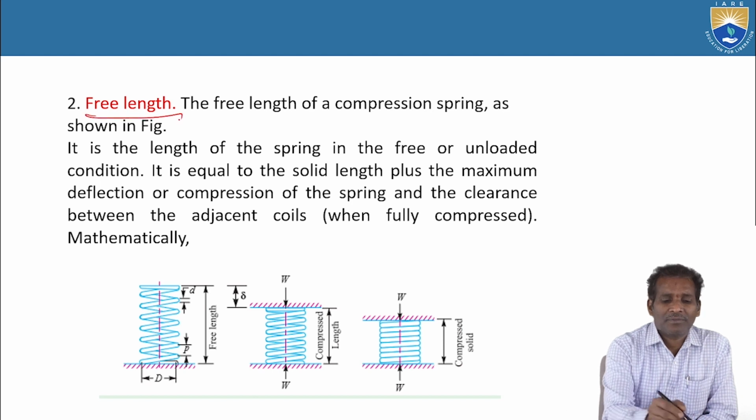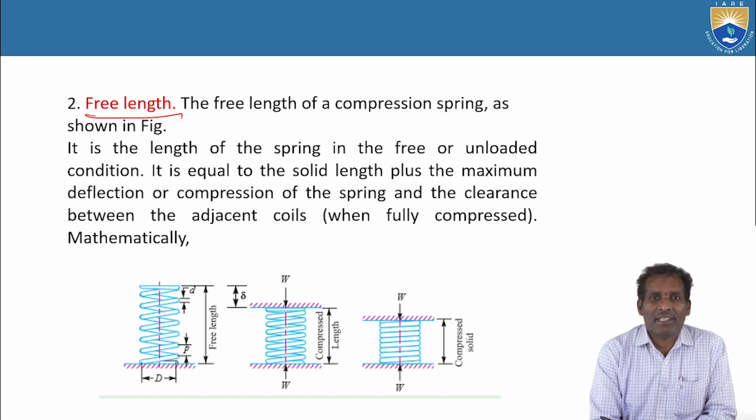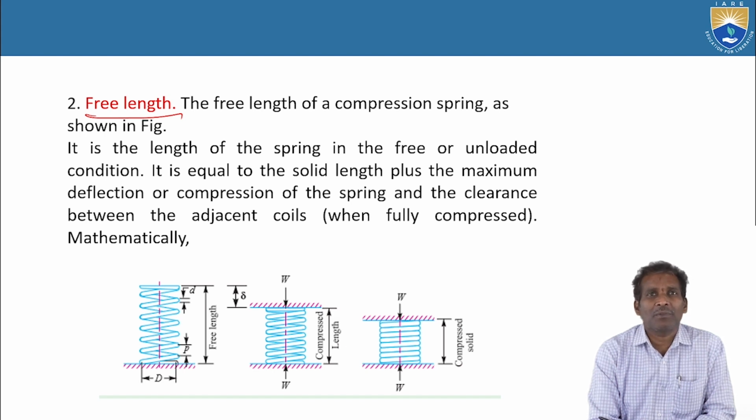Next, free length. The free length of a compression spring, as shown in the figure, is the length of the spring in the free or unloaded condition. So it means without load. It is equal to the solid length plus the maximum deflection or compression of the spring and the clearance between the adjacent coils when fully compressed.